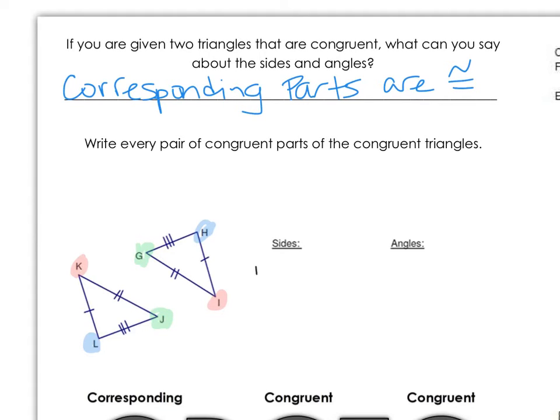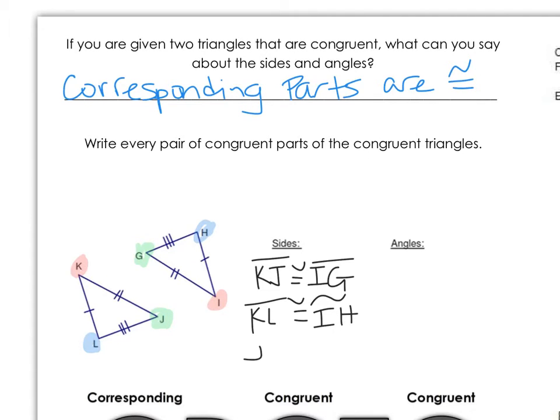So I could say KJ is congruent to IG. I could say KL is congruent to IH. And I could say JL is congruent to GH.